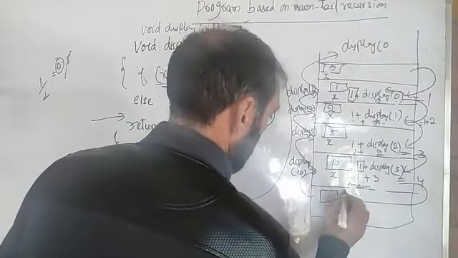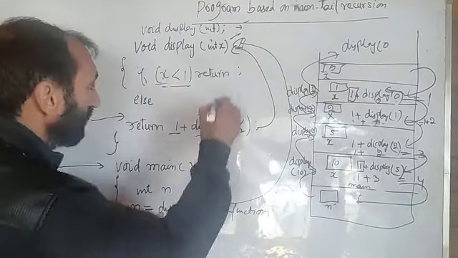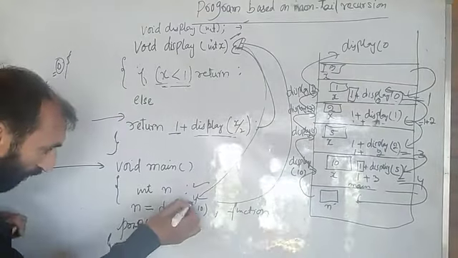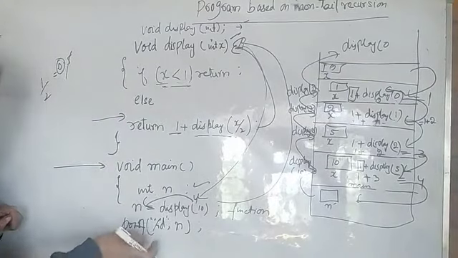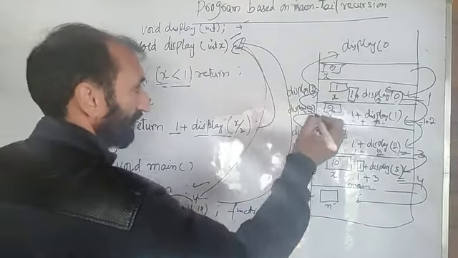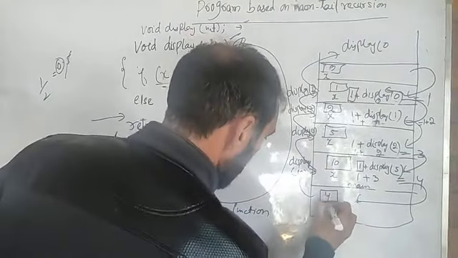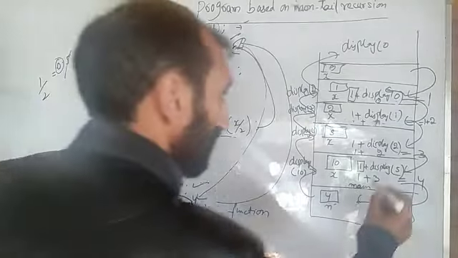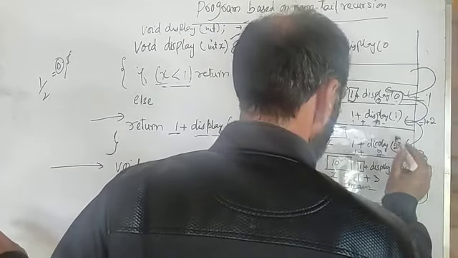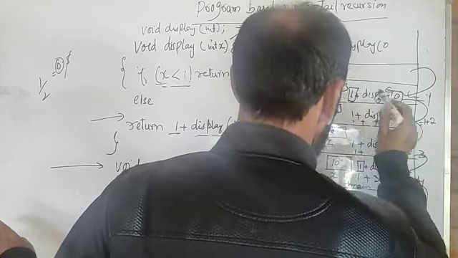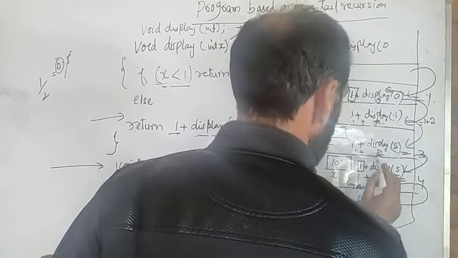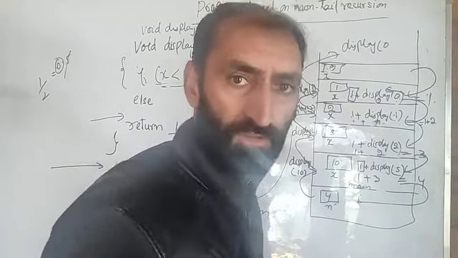Now this 4 will get assigned to n. Now n contains 4: 0 plus 1 is 1, 1 plus 1 is 2, 2 plus 1 is 3, 3 plus 1 is 4.